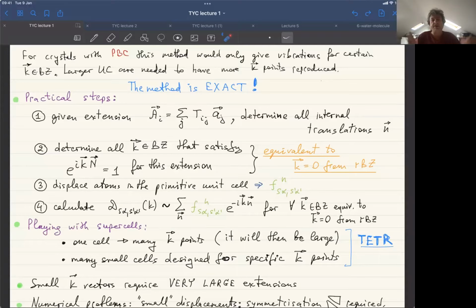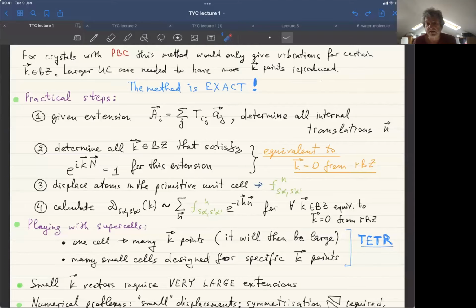You don't need to take a 10 by 10 by 10 extension to have a great number of k points. You can get away with small extensions like 2,1,1, 1,2,1, or 2,2,1, 2,2,2, maybe 3,1,1, even non-symmetric extensions. And this will give you access to various k points.